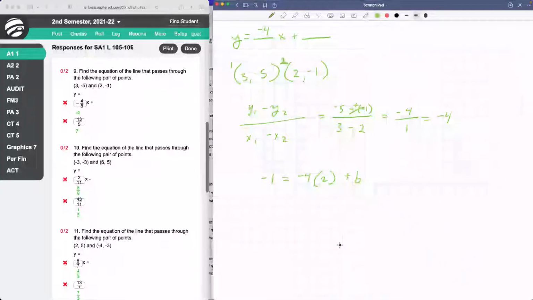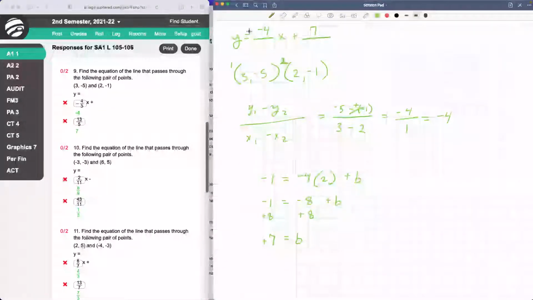That's what we're solving for, so plus b. So -1 is equal to -8 plus b. If I add 8 to both sides, I find that 7 is equal to b. So +7, in fact, is the point at which the line is going to intersect the y-axis. So I put 7 here.